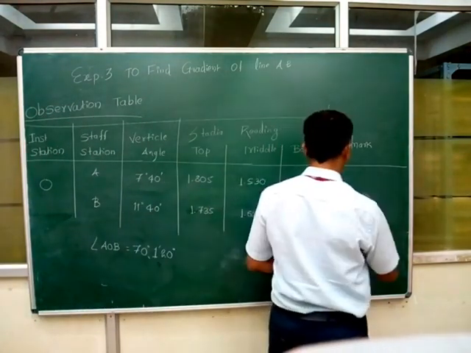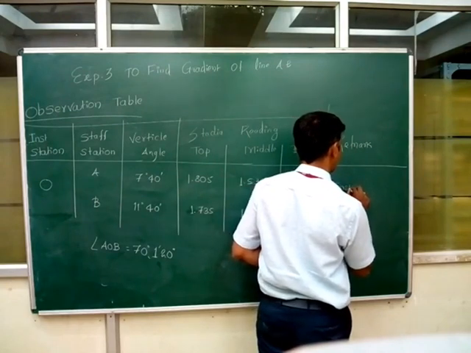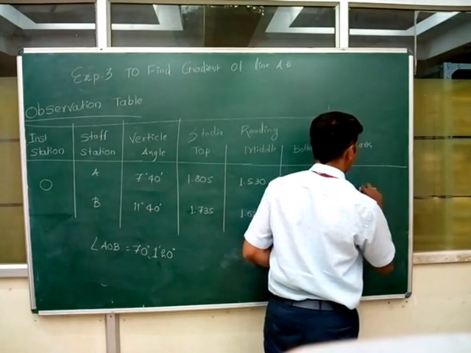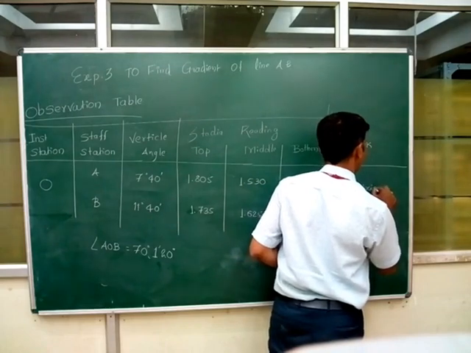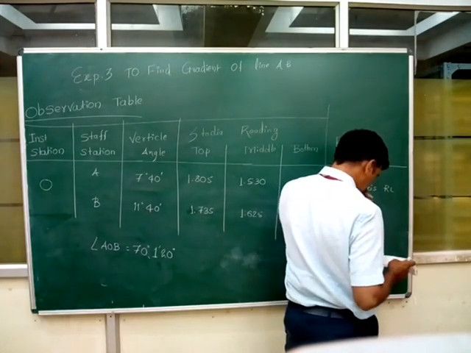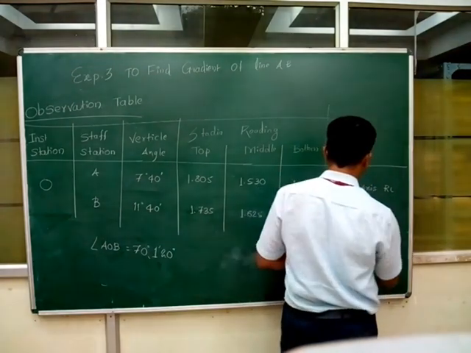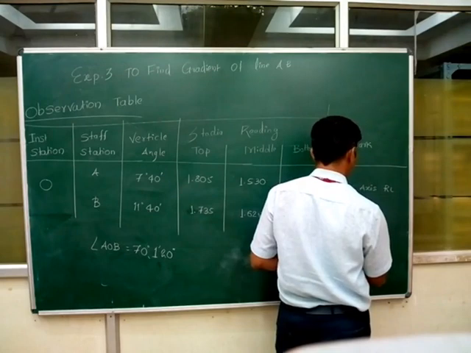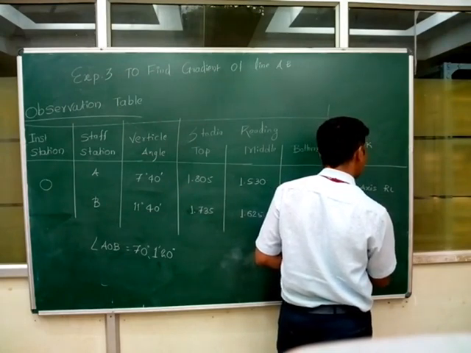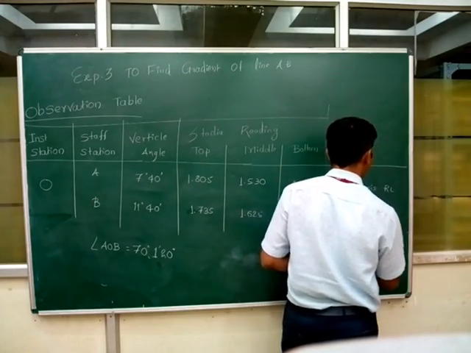The benchmark or instrument axis RL is equal to 101.380.